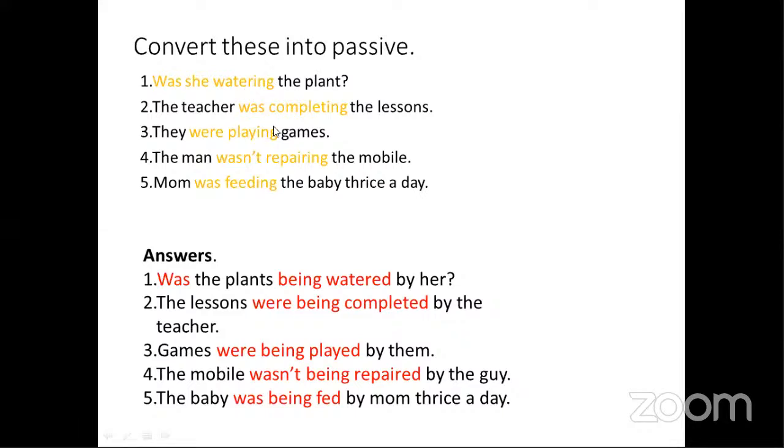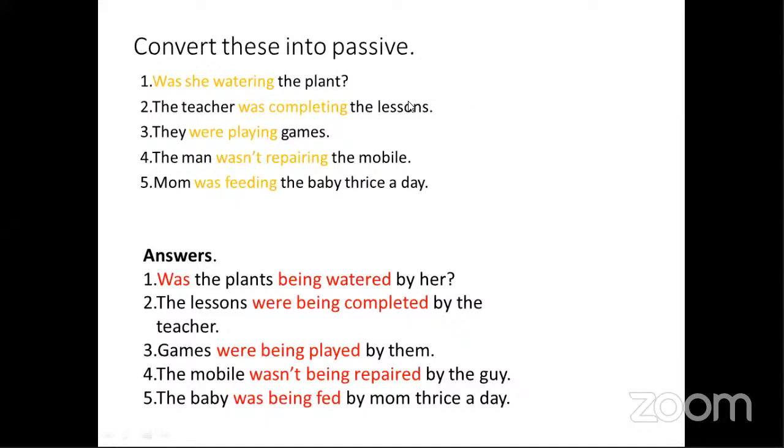You have to get the past participle verb. And you can't forget this being, watered by her. And you can't forget these object pronouns. You can't keep "she" as it is here. It should be turned into the object pronoun, her.